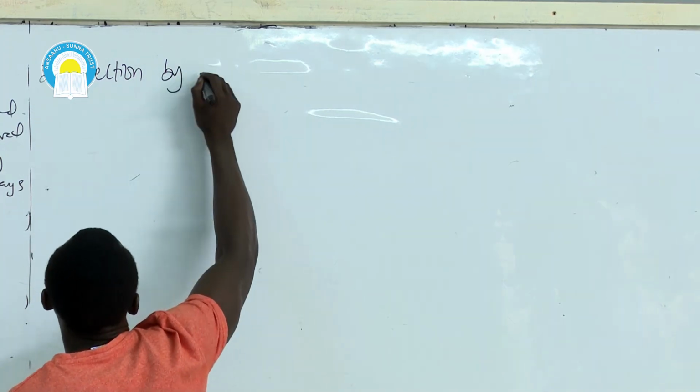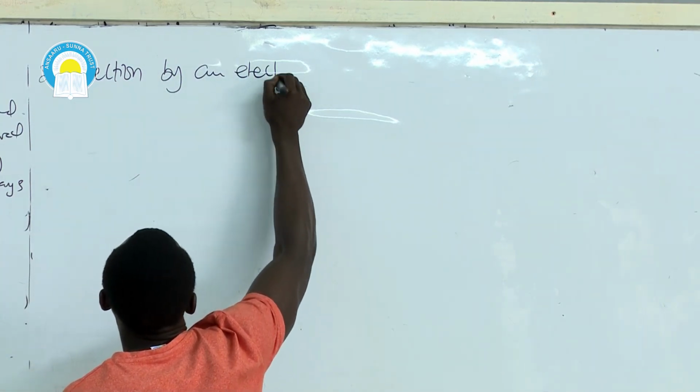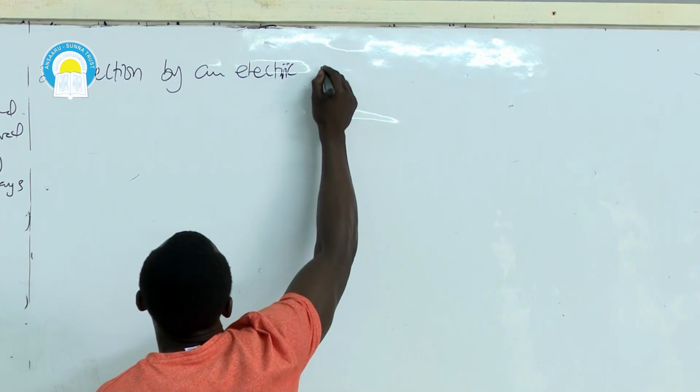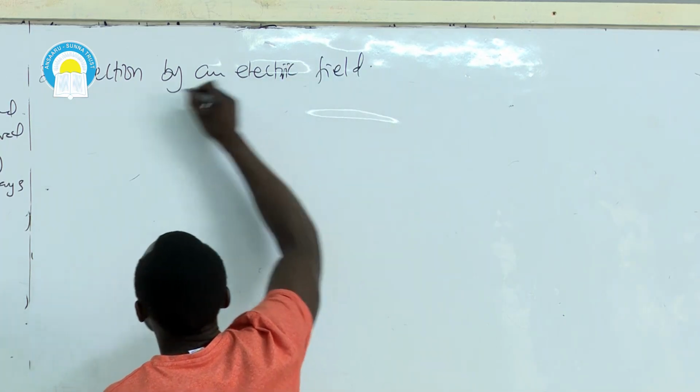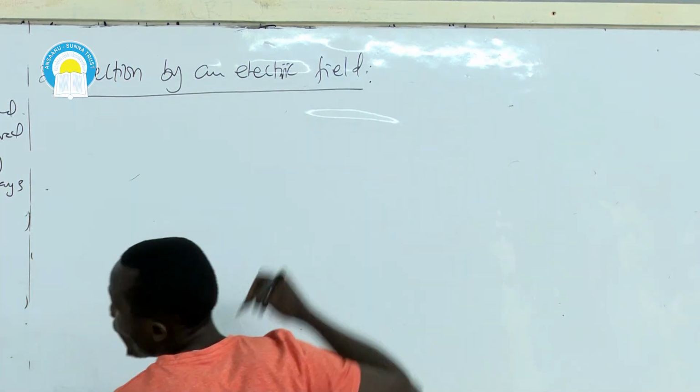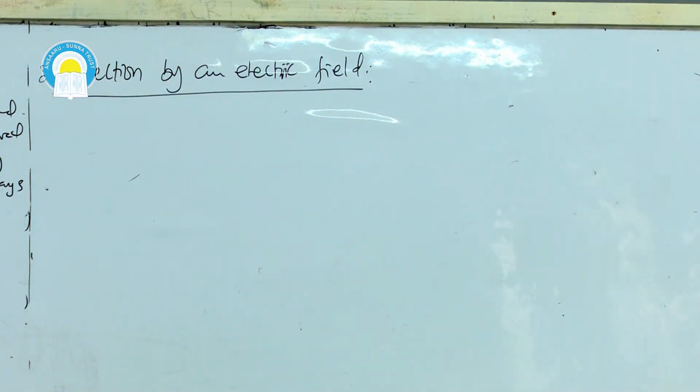So when we talk about the deflection in an electric field, we are trying to see what is going to happen to these radiations. Which side of the charge will they be attracted to?